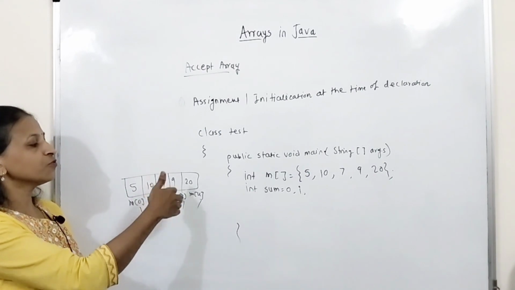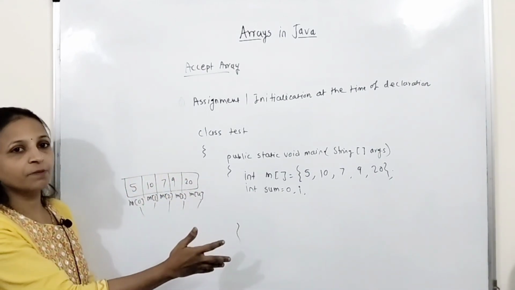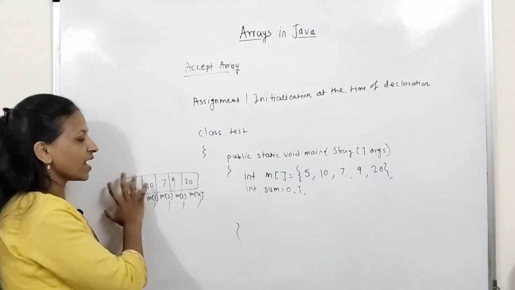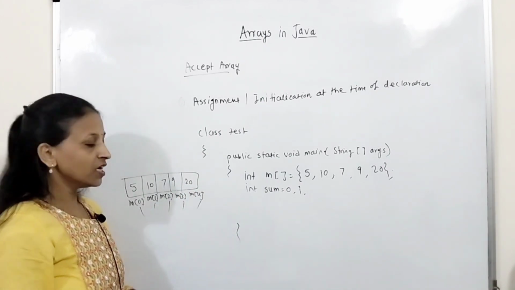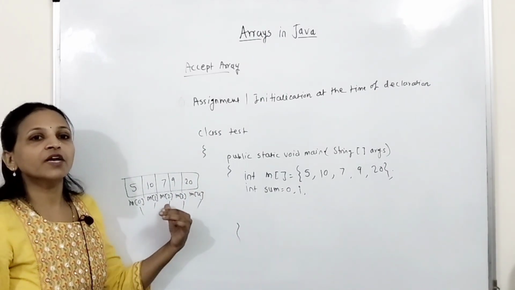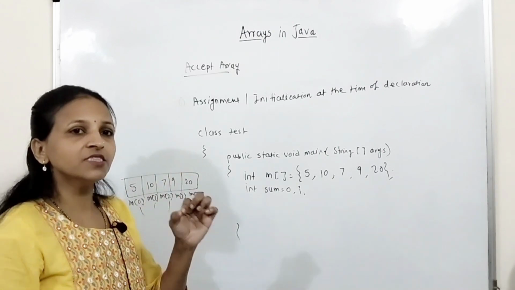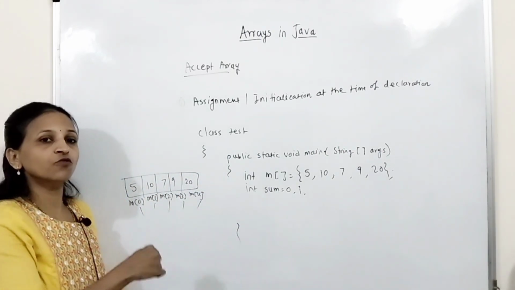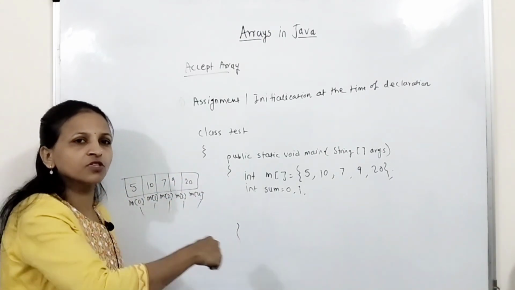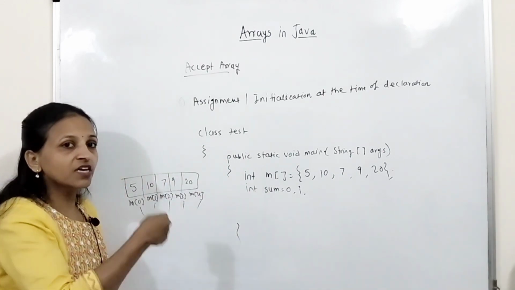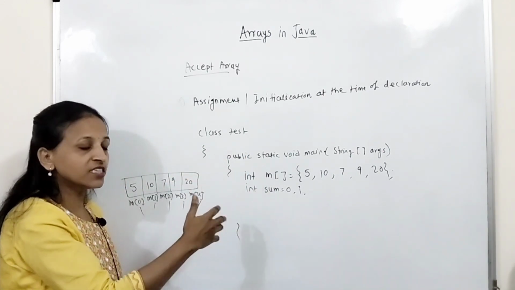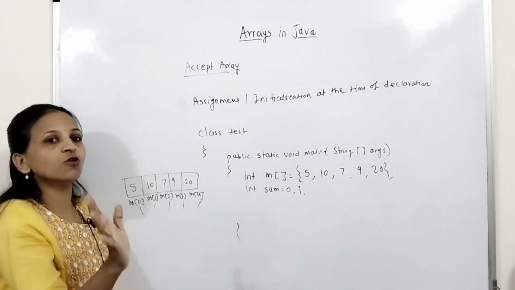In this way we will add all those numbers, and for that we have to access all those elements one by one, like first m of 0, then m of 1, m of 2. Here m is constant, but this 0, 1, 2, 3, 4 is changing, and for that changing index we will put a loop.